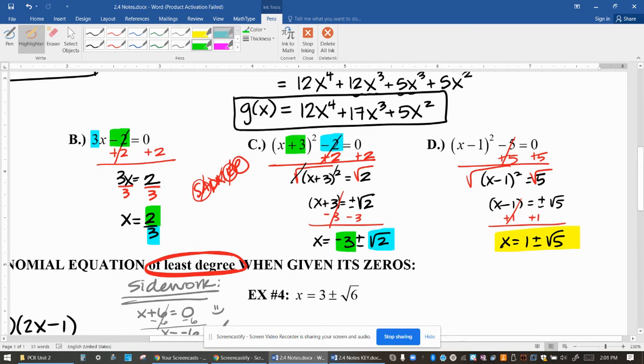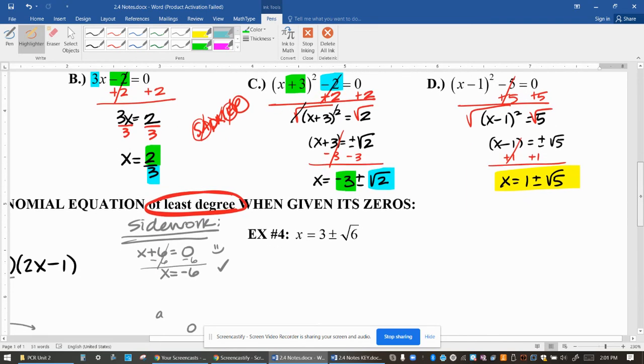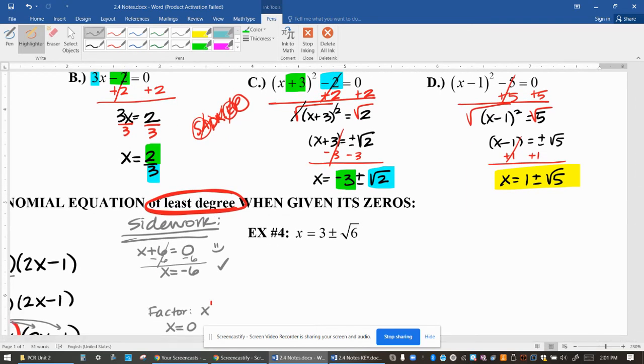So if I use that pattern, remember, we're trying to figure out what this used to look like when it was in vertex form, in factored form. So we're trying to figure out what the factors were, what was being multiplied together to get 3 plus or minus root 6.